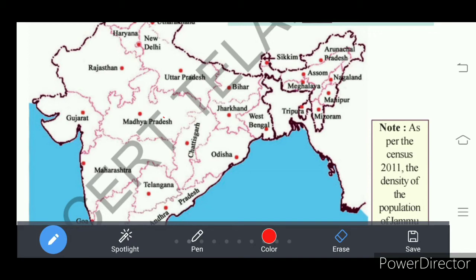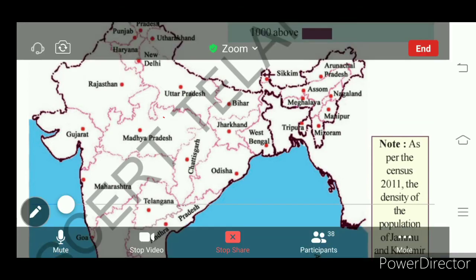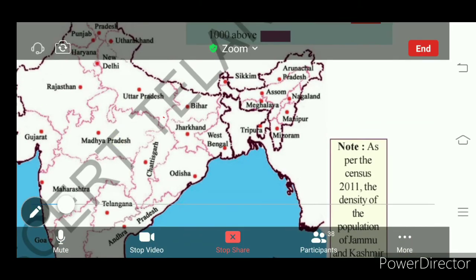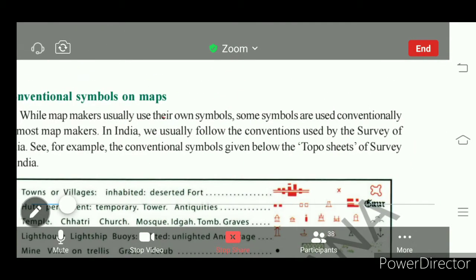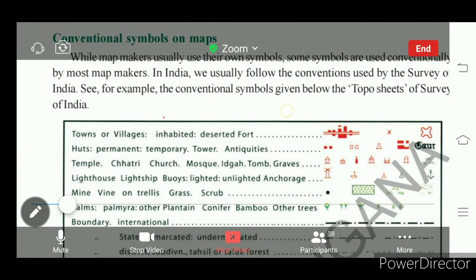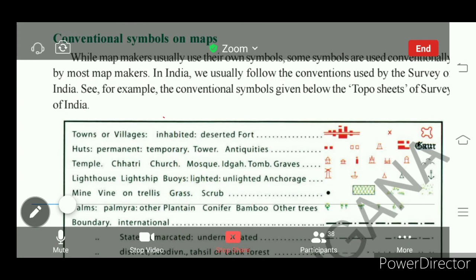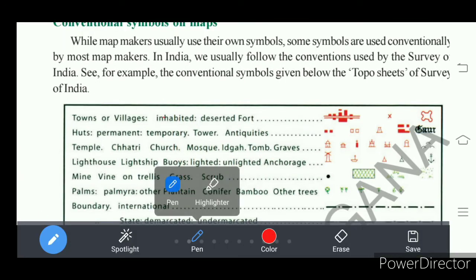There are certain common symbols used by map makers while making maps, and all those symbols we call conventional symbols. So see here, these are the symbols used by different map makers in general, and they are given here.